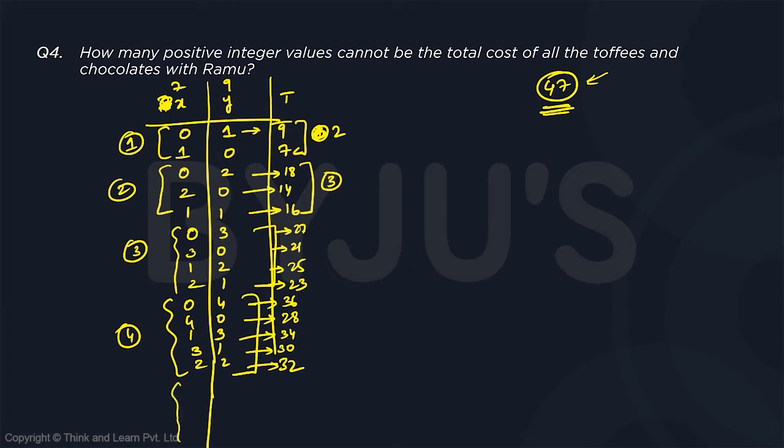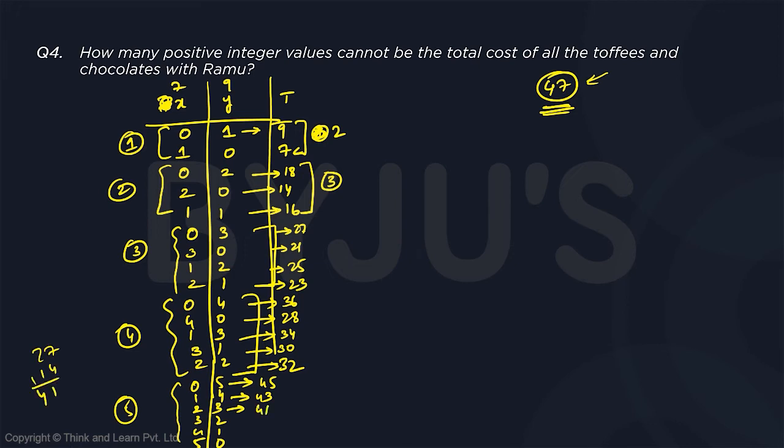I'm looking at totals of 5. Total quantity is 5. So 0 5, 1 4, 2 3, 3 2, 4 1 and 5 0. So what is 5 and 0 total? 9 fives are 45. 9 fours are 36, 36 plus 7, 43. 9 threes are 27, 27 plus 7, 34. And 27 plus 14, that is 41.